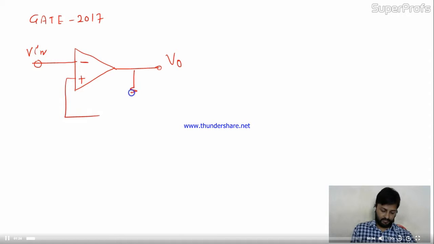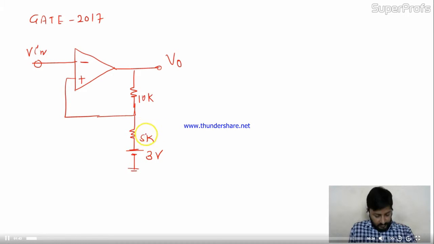Feedback, 10K, 5K, and this is a 3 volt battery connected over here, 3 volt. So everything is given like this in the form of a circuit.